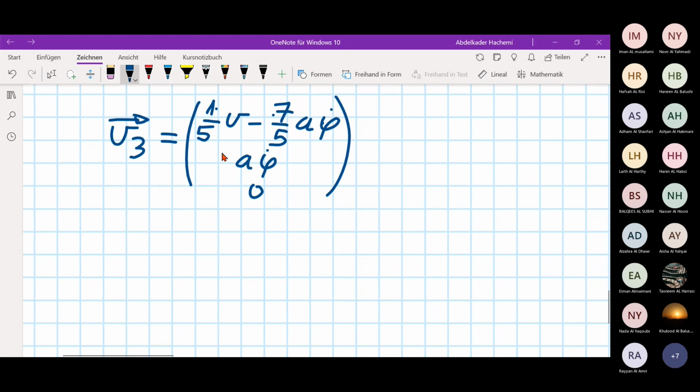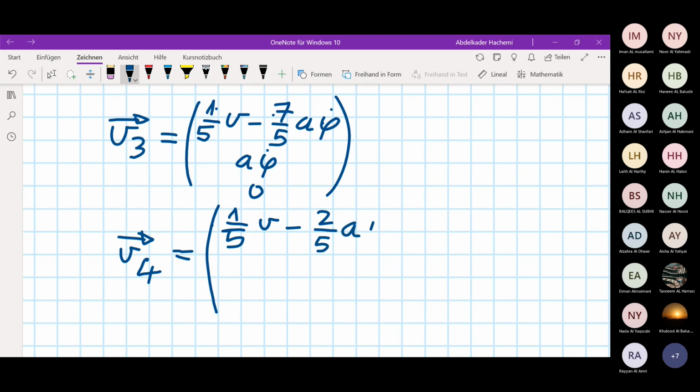Now we take V4. This will give here 1 divided by 5 v minus 2 divided by 5 a v dot, and other components are equal to 0.